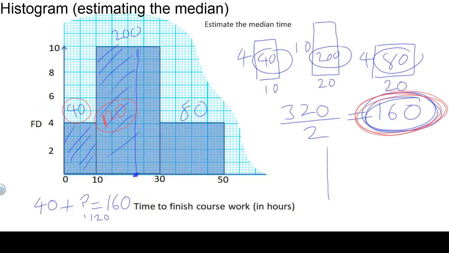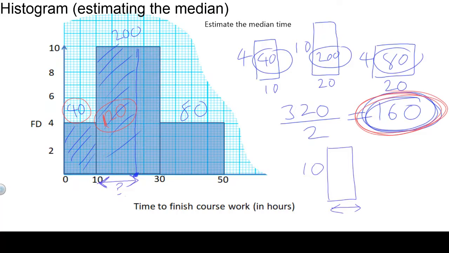So looking at that partially shaded bar, it's got a height of 10 and the width, this width over here, look at the histogram. I don't know what it is yet, but that's what I need to find out. So the width I need to find out.